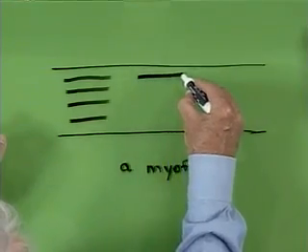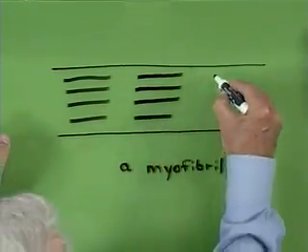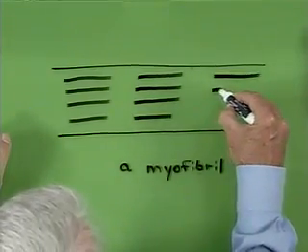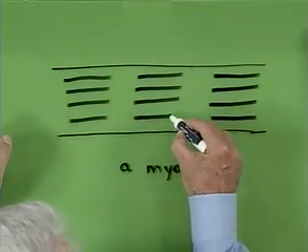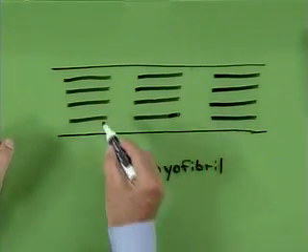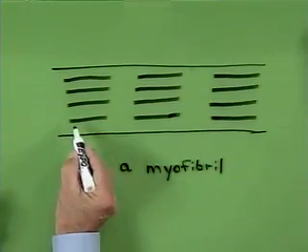And there'll be another stack of these thick ones, maybe right here, another stack over here. And those are called thick myofilaments.